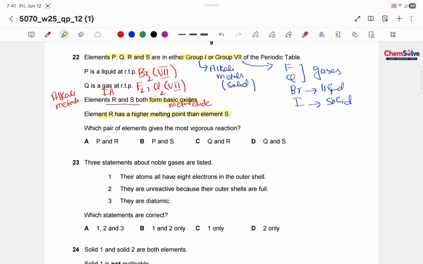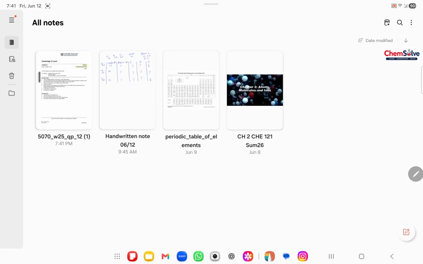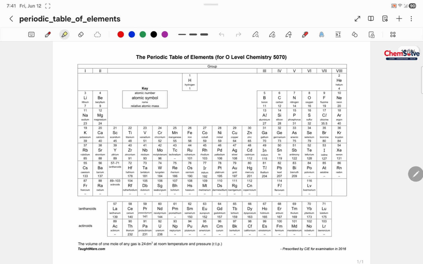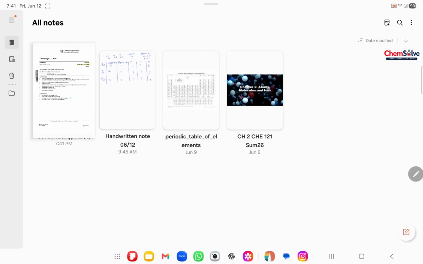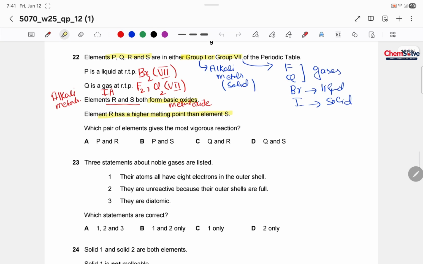So what is the trend of the melting point in group 1? So here's the periodic table. In group 1, basically melting point decreases down the group. If R and S belong to group 1, then R has a higher melting point.